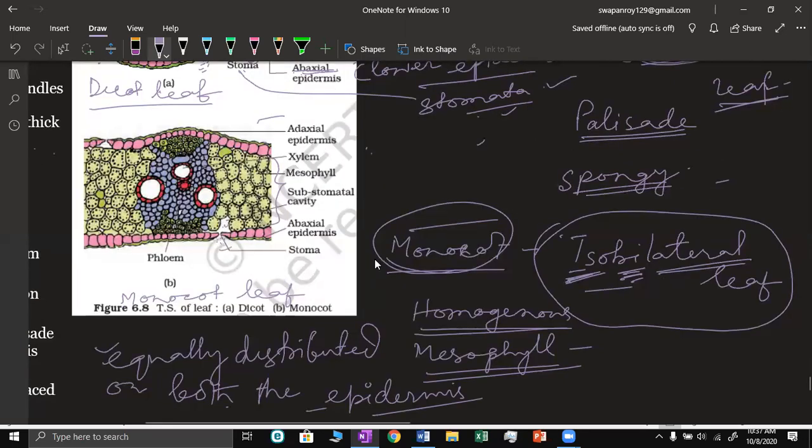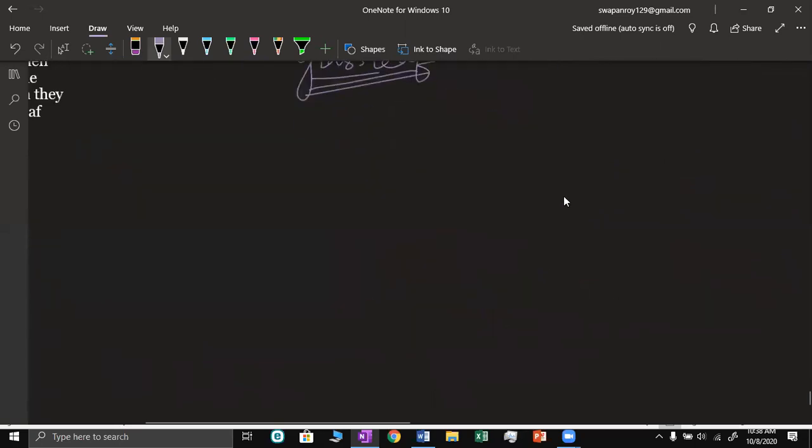Grass leaf and some plants. In these, you can see that some of the epidermal cells, particularly on the upper epidermis, that is the adaxial epidermis, are large in size and vacuolated.